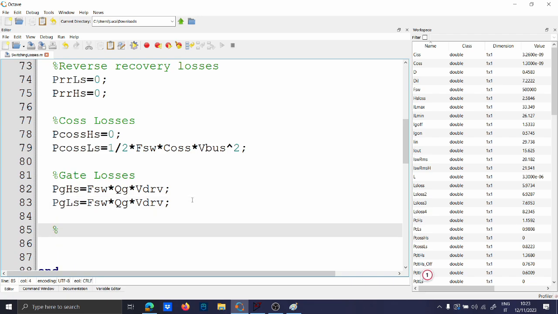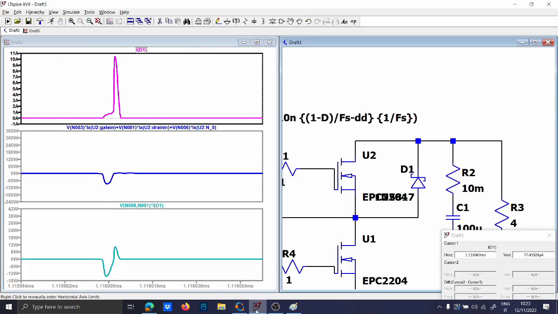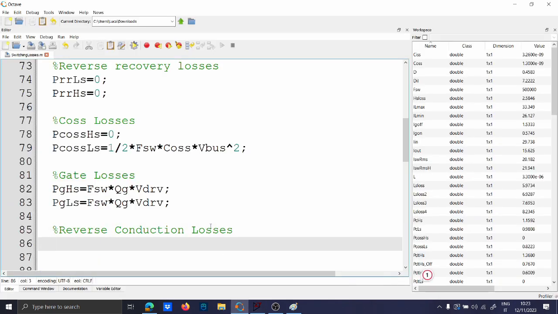Now, we have the reverse conduction losses. The reverse conduction losses are given mainly by the high side diode here, because it is conducting when effectively none of them are conducting. So we have to calculate only for the high side.